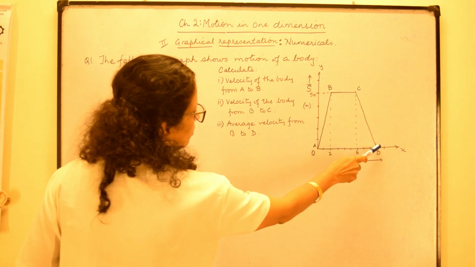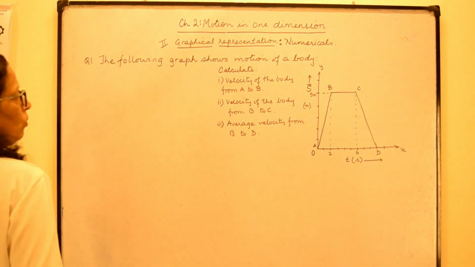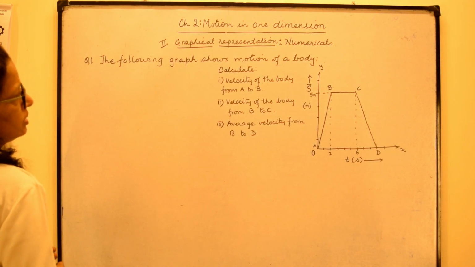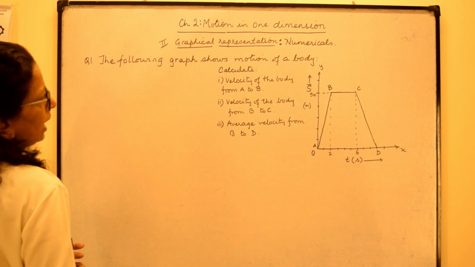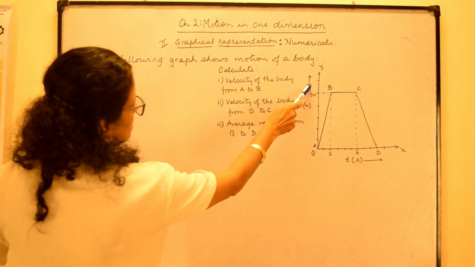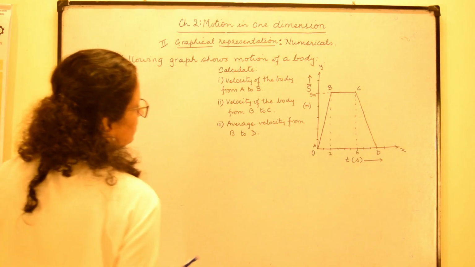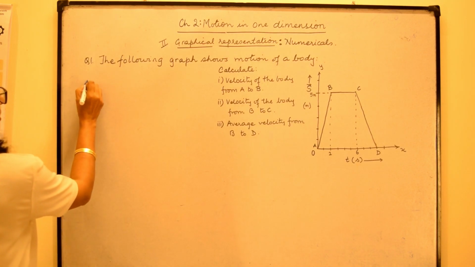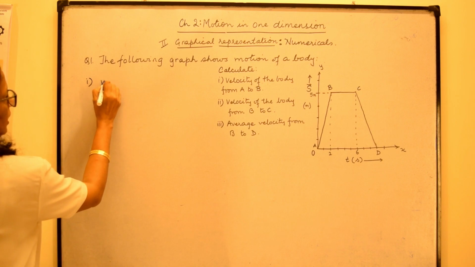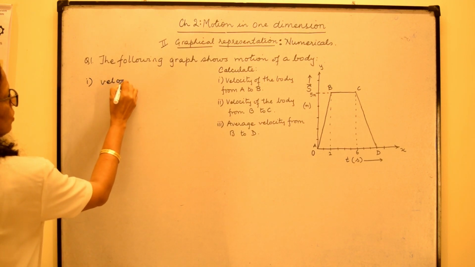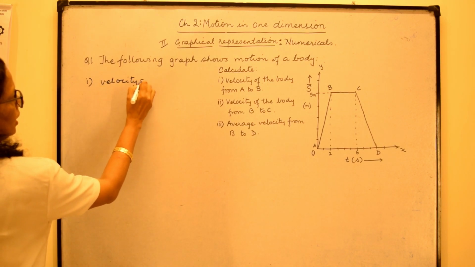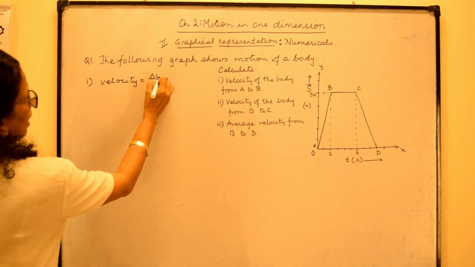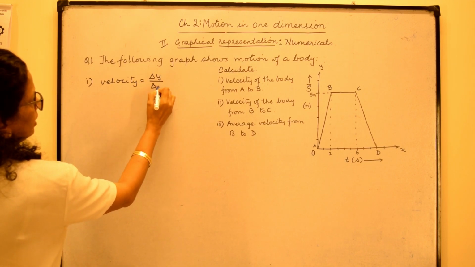Now, when they give you a question like this, first of all, look at the axis. This is a displacement against time graph. So, if I want velocity, remember we learnt in the earlier video that velocity is going to be delta y upon delta x.